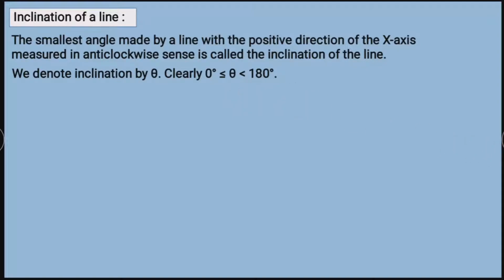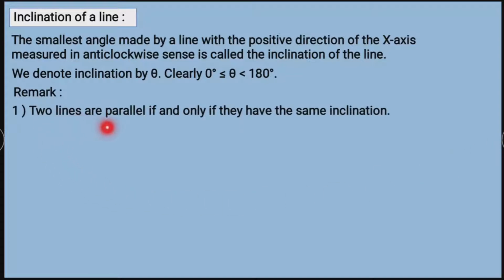See here in a remark, two lines are parallel if and only if they have the same inclination. So when we have to show the given lines are parallel, with the help of their inclination we can show the given lines are parallel.